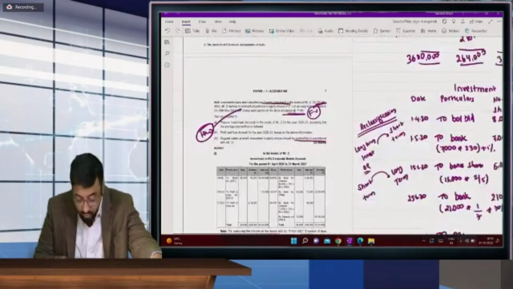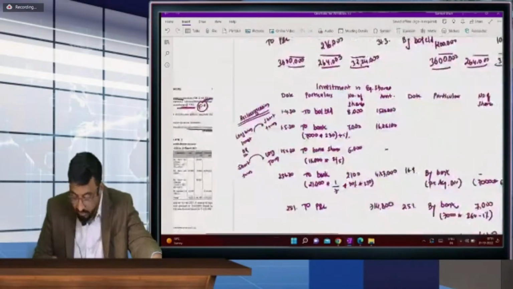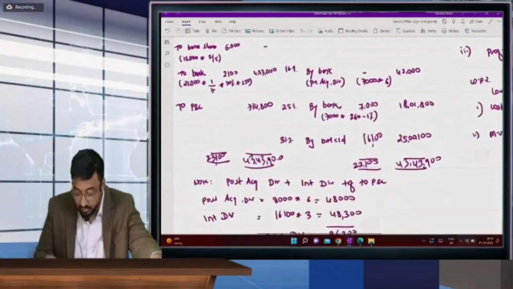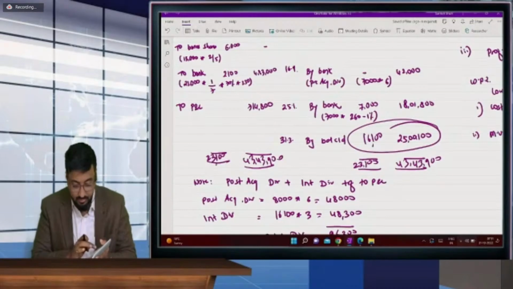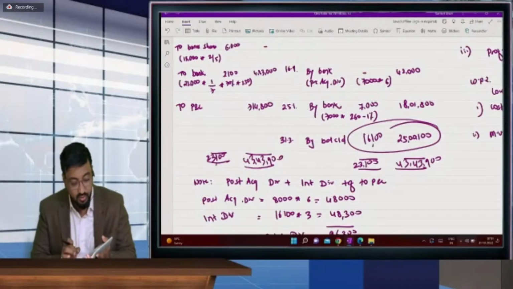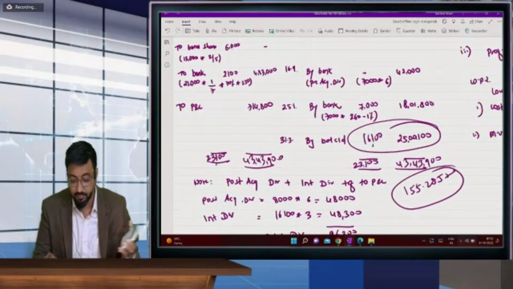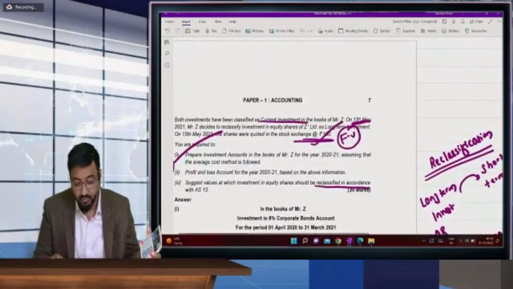At what price is the investment in equity shares recorded? We recorded it at 25 lakhs 100, for 16,100 shares. So 25 lakhs 100 divided by 16,100 gives 155.2857, or 180, whichever is lower.